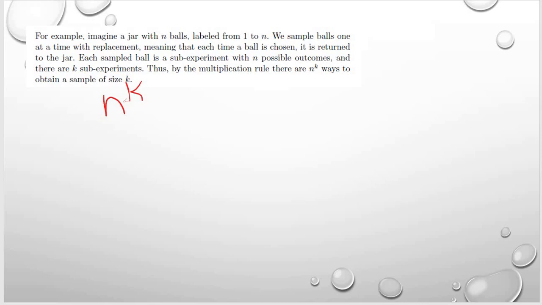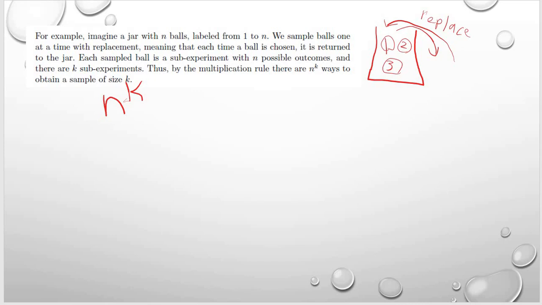Now, we can draw what we mean by sampling with replacement. So we've got a ball here. Here's number 1, here's number 2, here's number 3, and so on. We take a ball out for our experiment, but then we put it back in when we're done. We are replacing, aren't we?